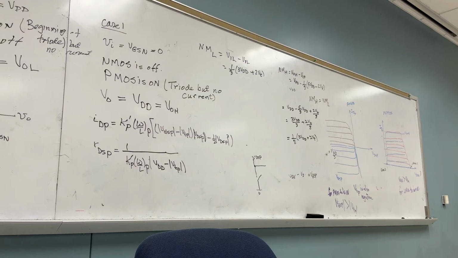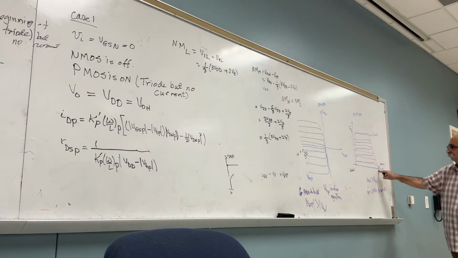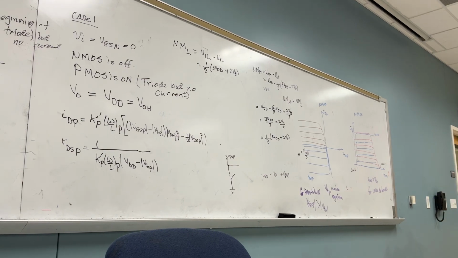So from point 0 to A, that's case 1. What do I say? QN is in the triode, but no current. Where? This one right there. Did you get it or not?